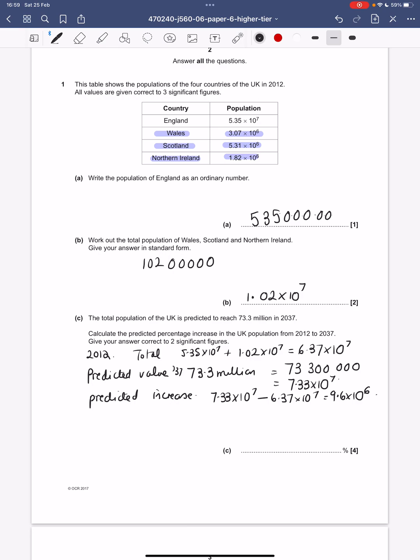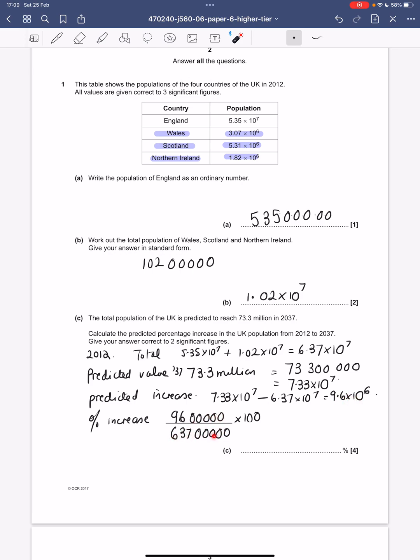Okay, so then you want the percentage increase. So it's 6 with 5 zeros divided by what we're actually at, which is 637 with 5 zeros, and then times by 100. So that is the predicted increase.